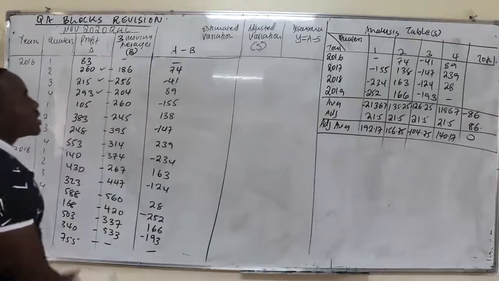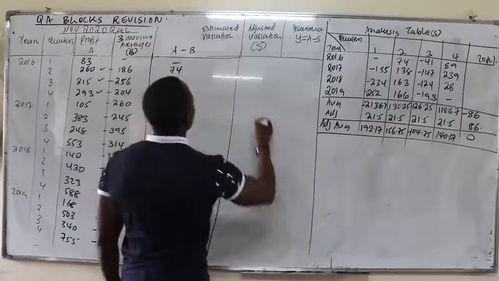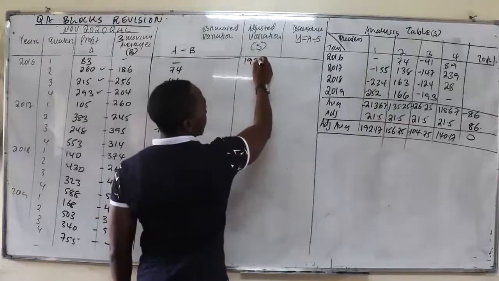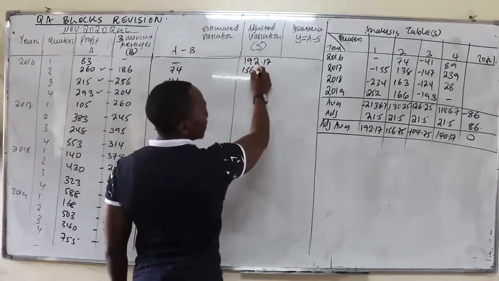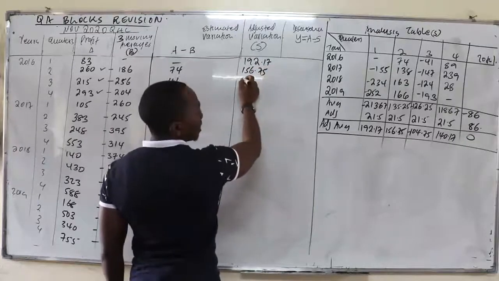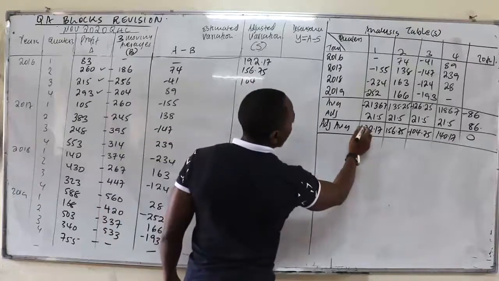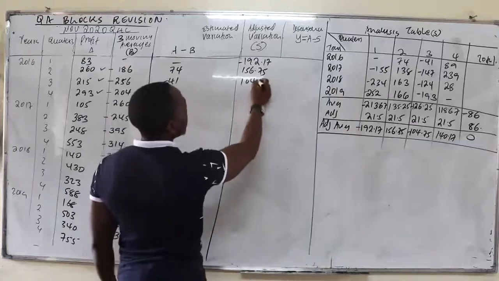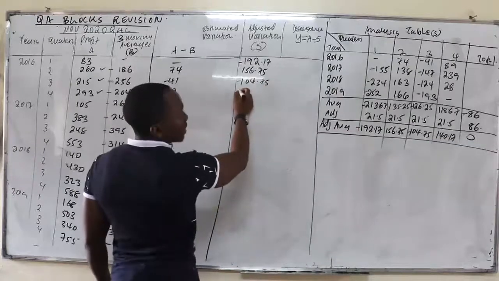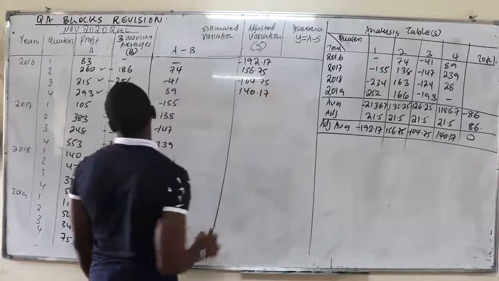So now with that, let's get the adjusted. Every quarter one will be having its 192.17, negative. Quarter two, it's 156.75. Quarter three, 104.75, this should be negative. And quarter four we have 140.17.